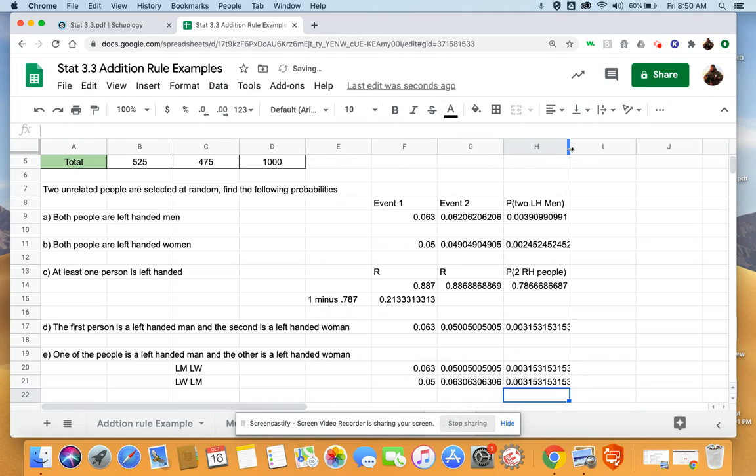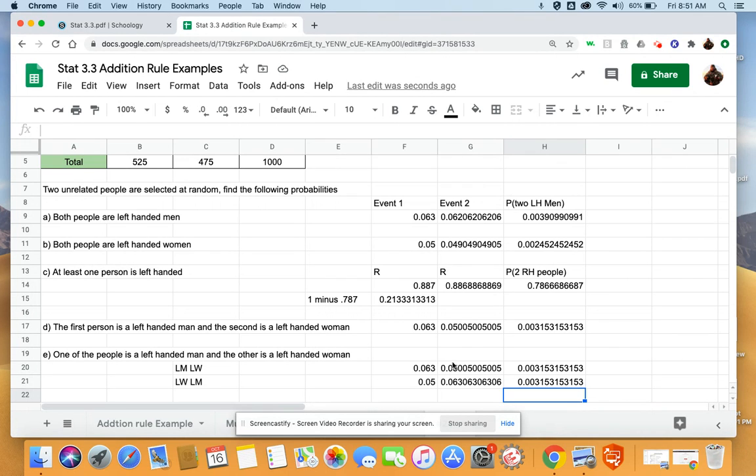You'll notice we got the same answer. And when you think about it, that's because of the commutative property of multiplication. In this case, our numerators were 63 times 50, and our denominators were 1,000 times 999. Down here, the numerator of our fraction was 50 times 63. Same two numbers, just in reverse order. Denominator was still 1,000 times 999.